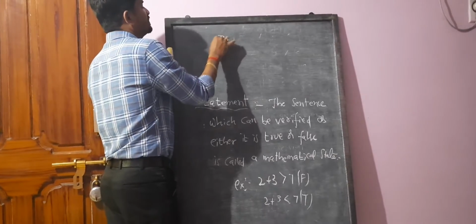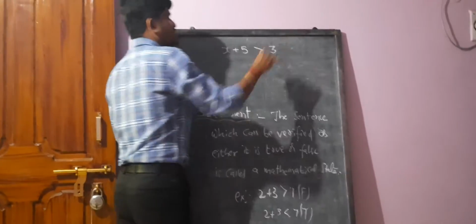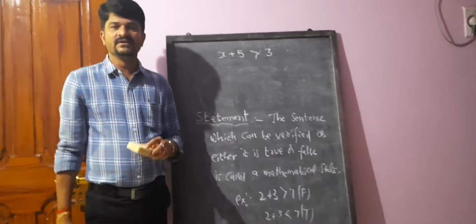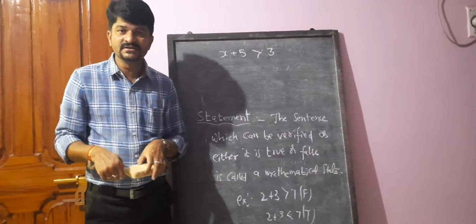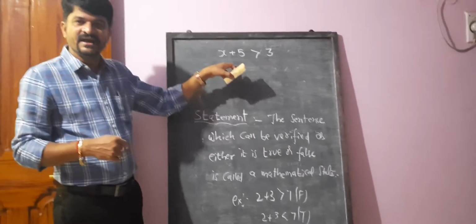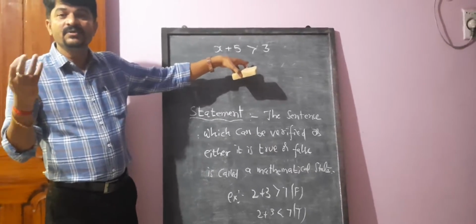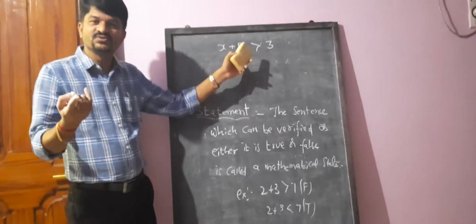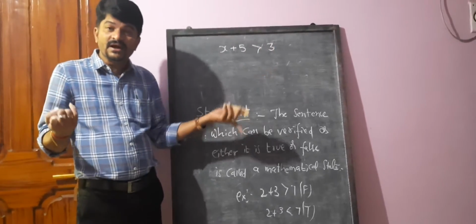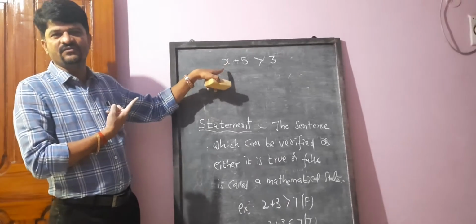Sir, then you have given two examples. Then what is this? x plus 5 greater than 3. If I ask a question, will you verify it? Can you verify this as true or false? We cannot verify this as either true or false, because we don't know the value of x.